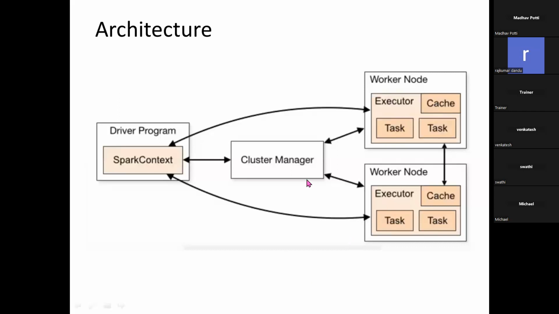When I say distributed, the work is distributed across the different worker nodes, and there is a cluster manager who takes care of managing all the nodes, and accordingly the job, the task you are asked to perform, it does that.